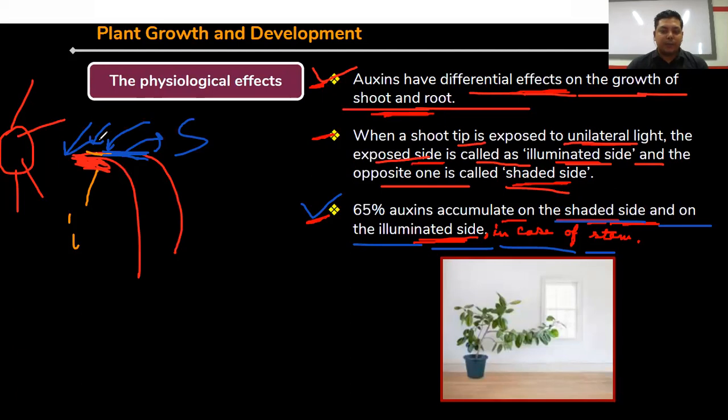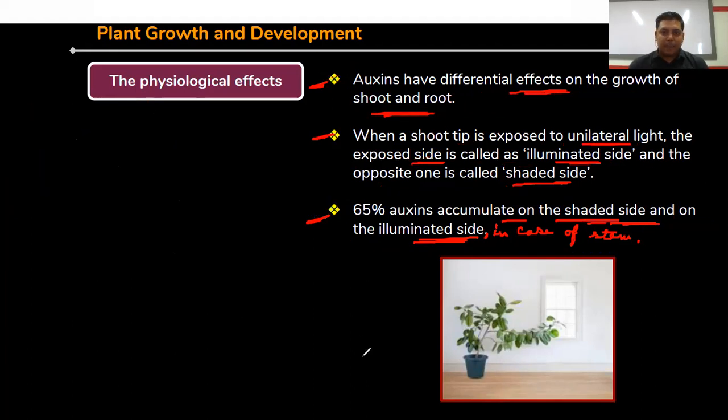The portion of the tip that is exposed towards the light will be called the illuminated side, and the back side that is not exposed directly to the light will be called the shaded side. So generally auxins are present on the shaded side and force the tip to bend towards the light. This is what is found in the case of auxin.